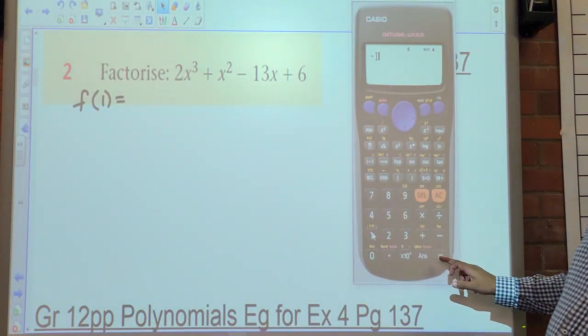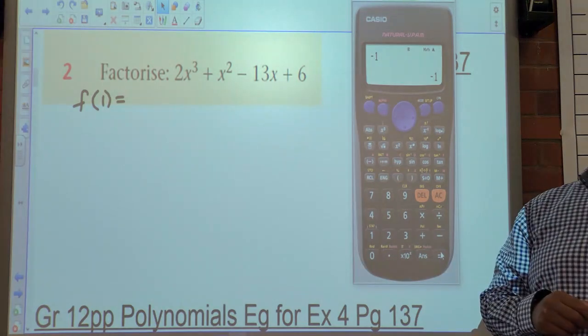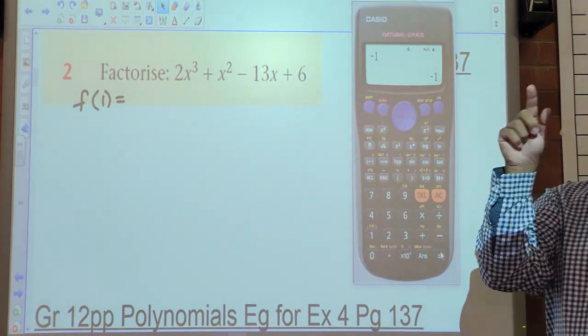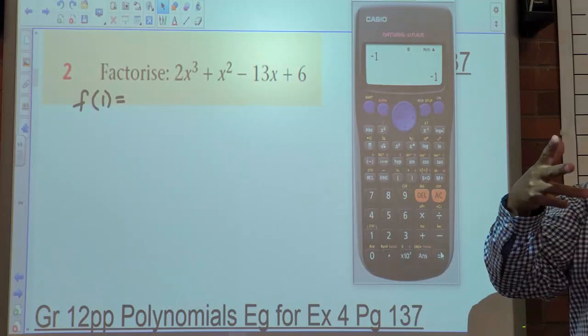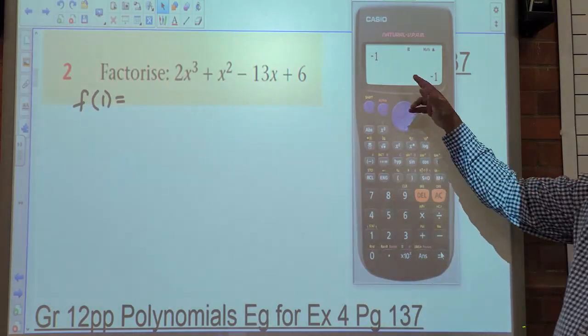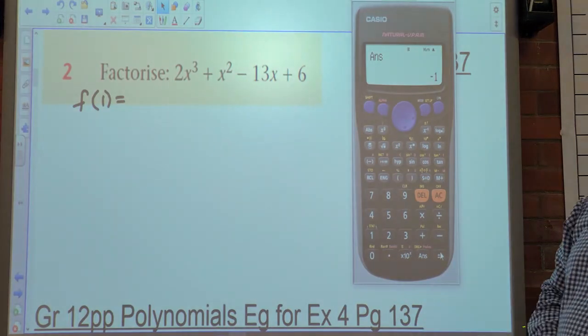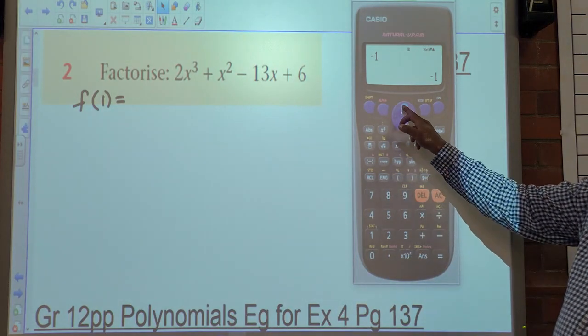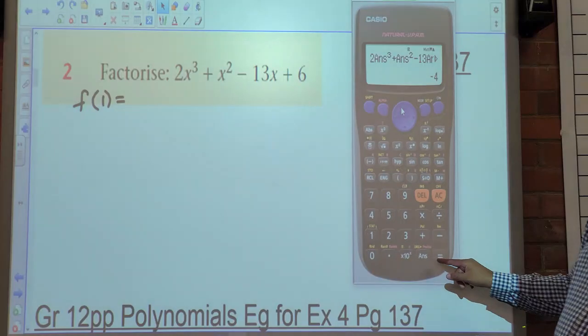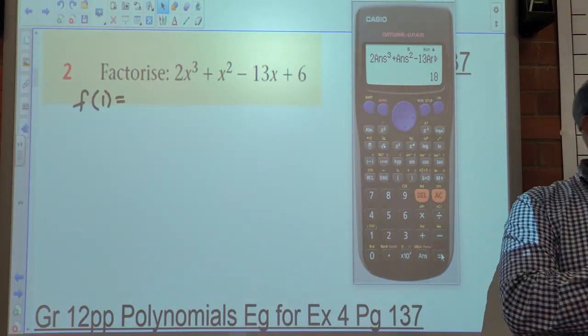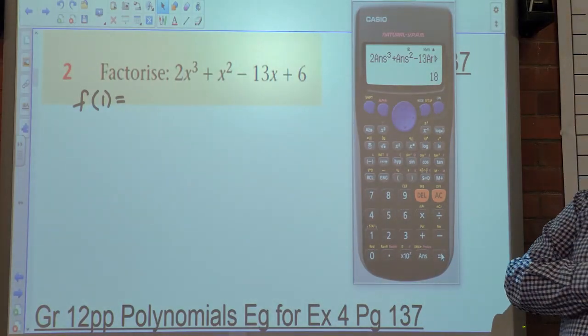Negative 1. You see the benefit of using the answer button now. Instead of changing everything to negative 1 or to 2 and minus 2, I just press negative 1 equal, which means that's the last answer calculated. So I sub that into that expression, I get 18. Is negative 1 a solution?